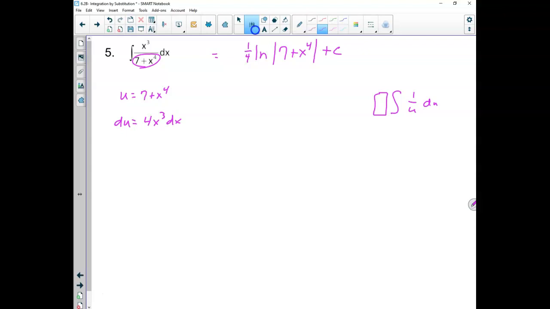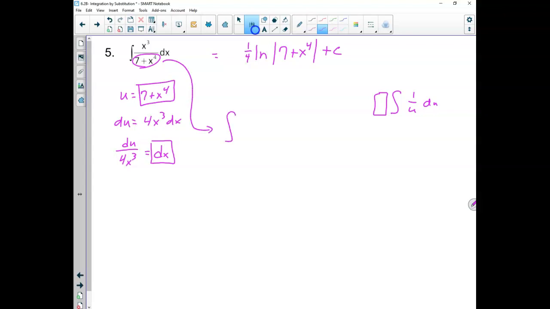If you follow what I did yesterday, I solved my equation for dx, so I'm looking at du over 4x cubed. I substitute in for my dx only and whatever I'm calling u, and I leave everything else.